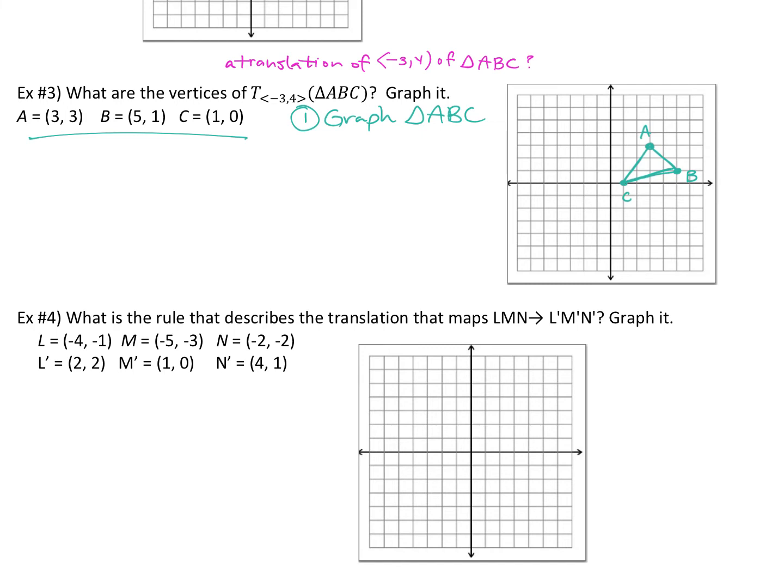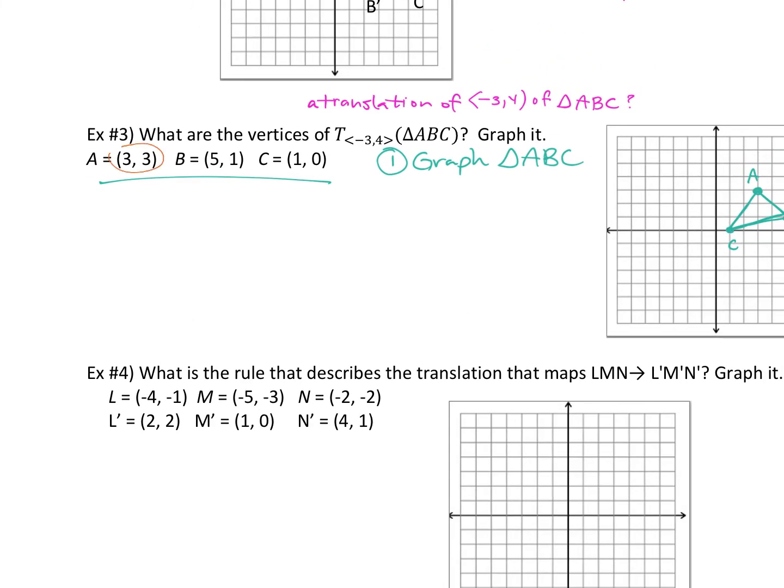Now, your step 2, you have a couple options. If you want to, you can take these points, 3, 3, and do this to it. So 3 minus 3, and then 3 plus 4, and you'll get your new point, and then plot that. You may do it that way.